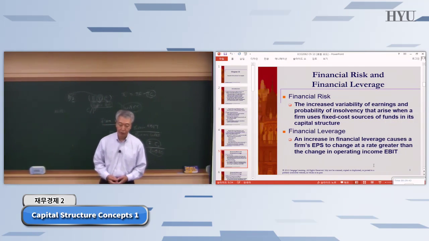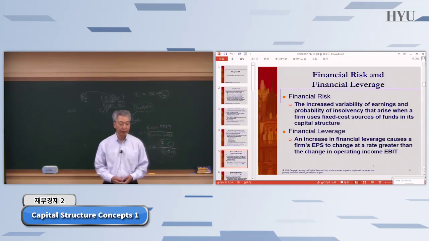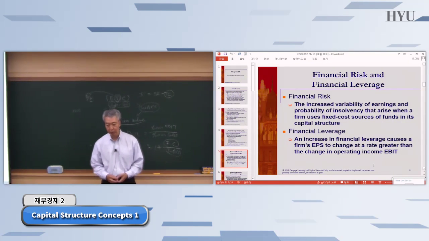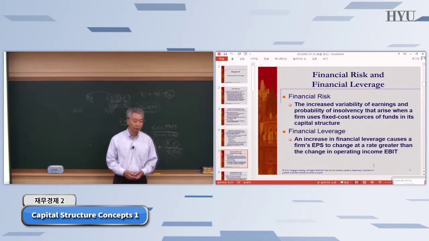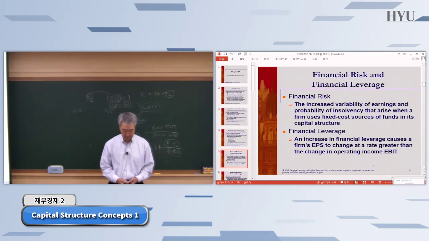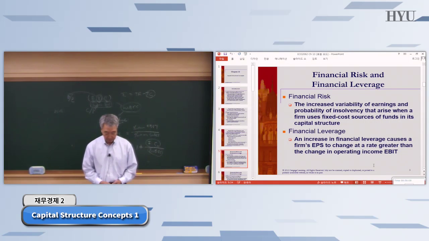So when the business is good, when they're earning good income, there will be no problem. But when the business slows down, the economy goes into a recession, their sales go down, then they may not generate enough sales income to handle their debt servicing cost. So that's the idea of financial risk.